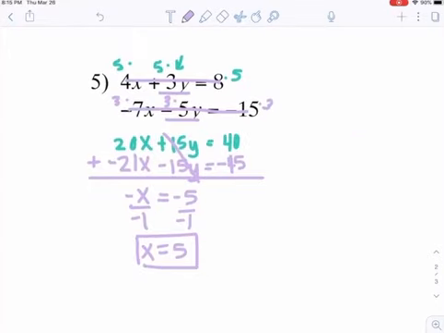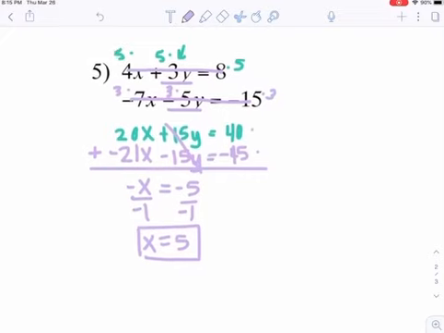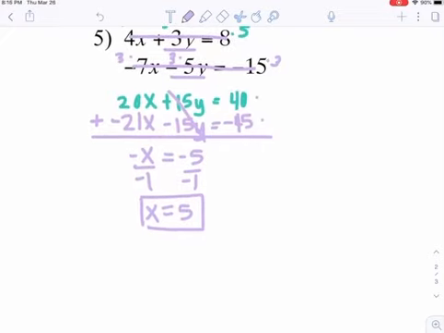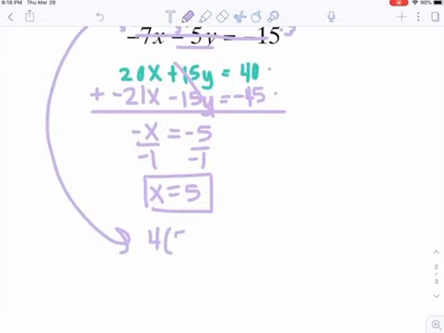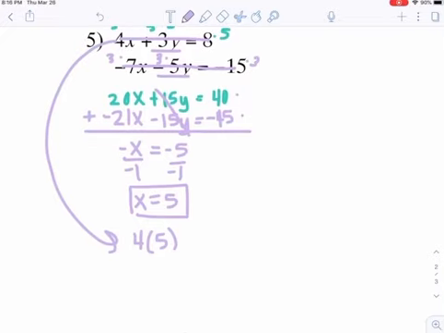Now, I could use x equals 5 in this equation, or the ones I crossed out. I'm probably going to use one of the ones that I crossed out because it's smaller numbers to deal with. So I'm actually going to plug in the x to this top one that I crossed out. So I'm going to have 4 times 5, what else did I have? Plus 3y equals 8.